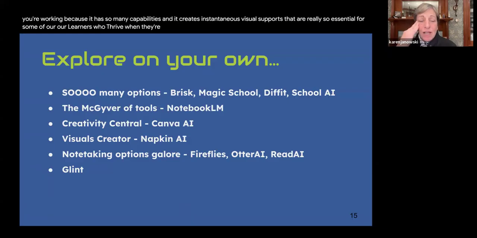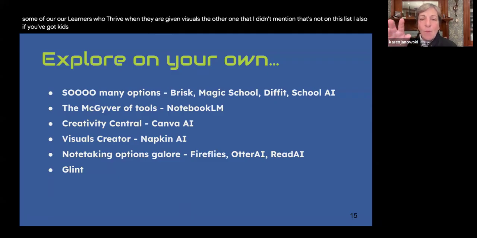The other one that I didn't mention that's not on this list: if you've got kids who need help breaking down a task, Goblin Tools is really an incredible resource for that. It helps break down tasks and you can customize how much depth.